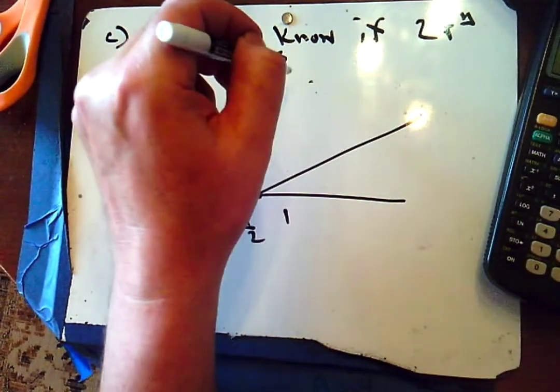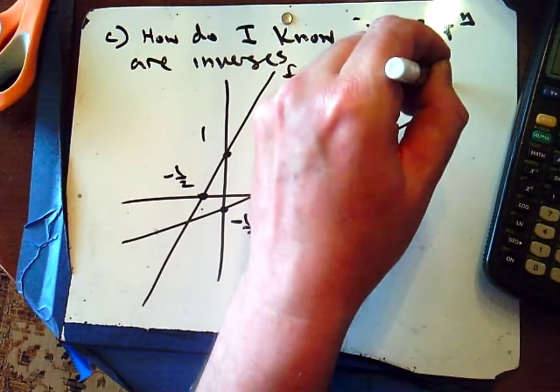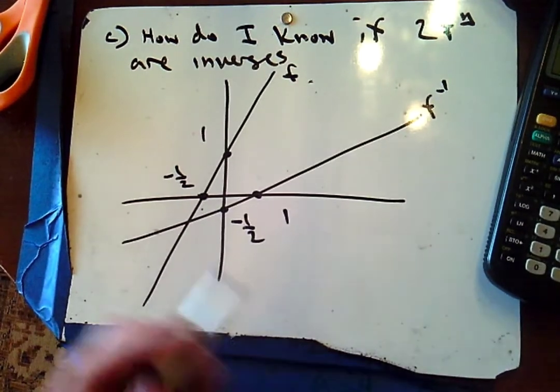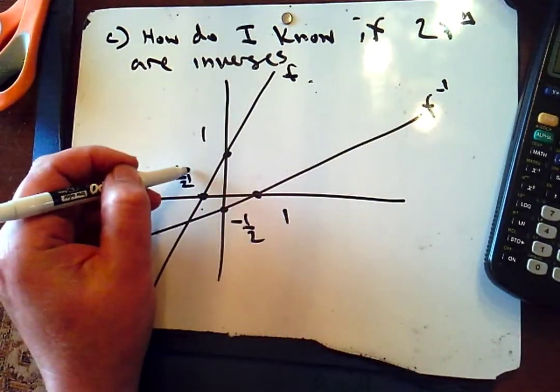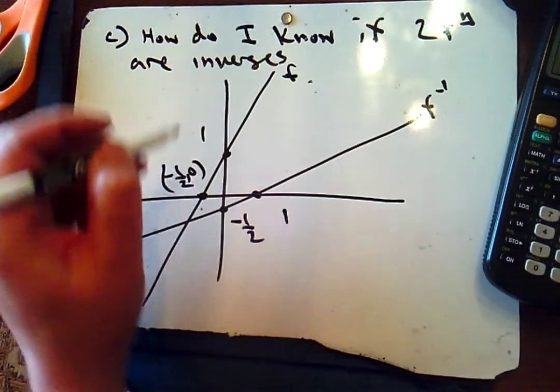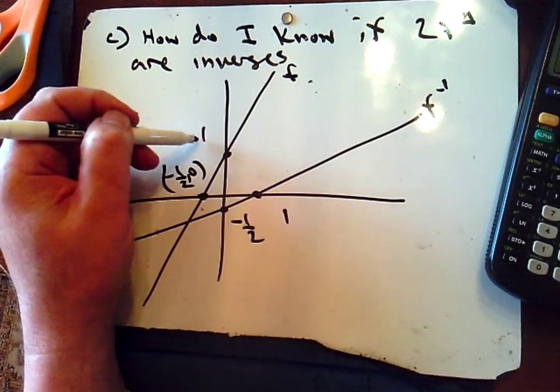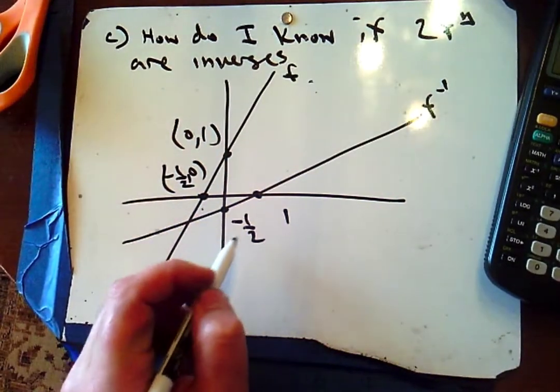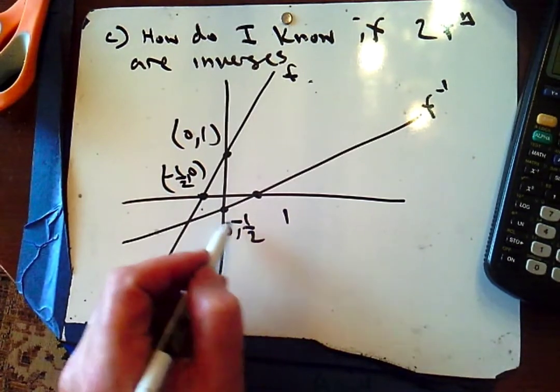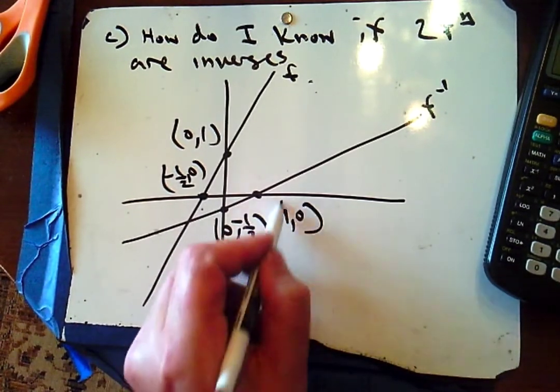And so this was our f, and this was our f inverse. There's a couple things I notice when I look at a graph, and this is another reason why I want you to label the points on the graph so that you can see these things. So this is (0, negative 1/2), and this is (1, 0).